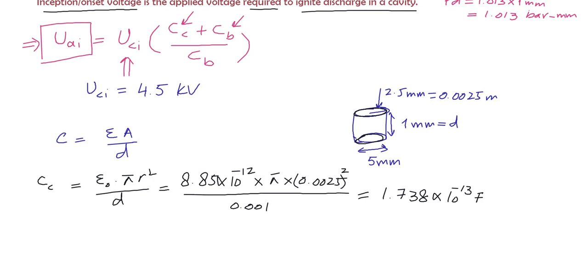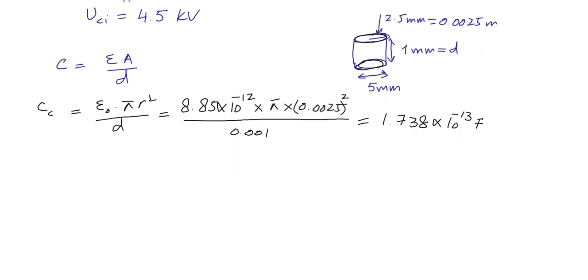Now we need to determine CB. What is CB? Let me draw the geometry again for better clarity. So we have, this is my insulator, okay, and in between I have my cavity. So this is the cavity, okay.